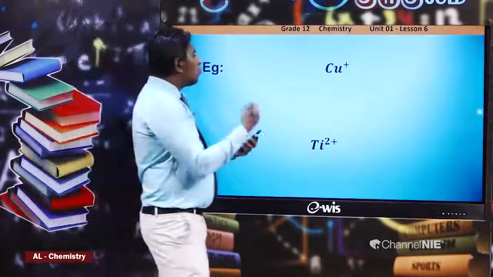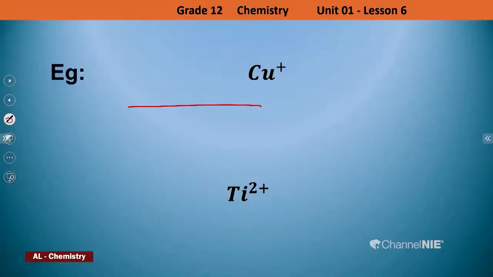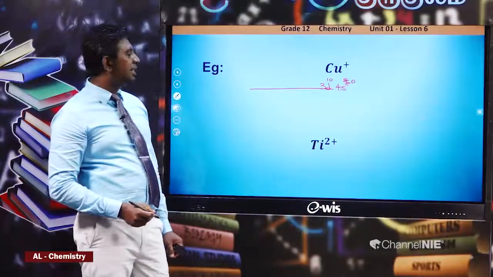Students, when it comes to copper, let's start filling copper in the normal order. Copper plus is given, but let's first consider copper itself. It is 4s1 3d10 after rearrangement. Then the outermost shell's electron is in 4s, so it has to be 4s0 3d10. That's the method regarding cations' electronic configuration.